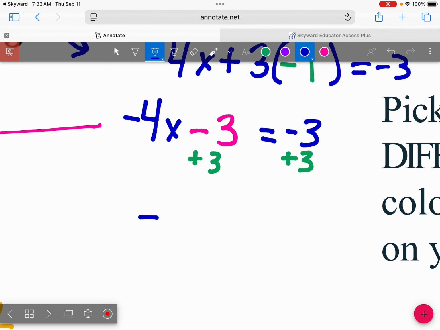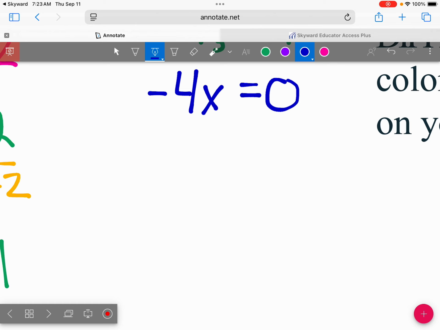We've got our minus 4x equals 0. So what's our x going to equal? How do we get there? 0. Because I would divide by negative 4.